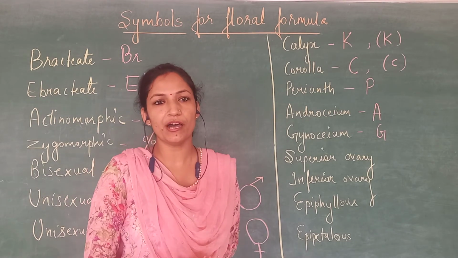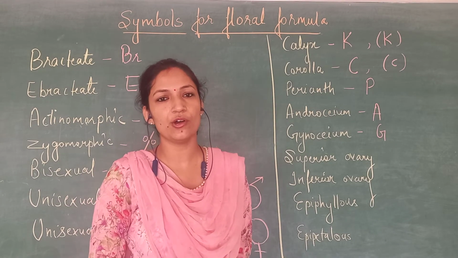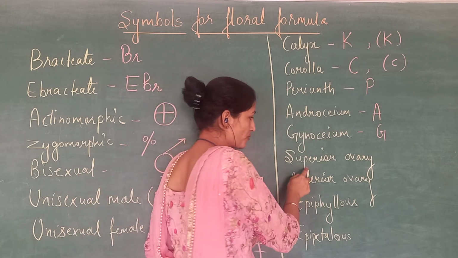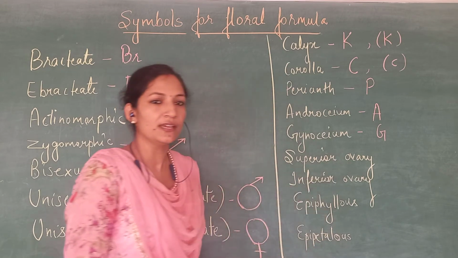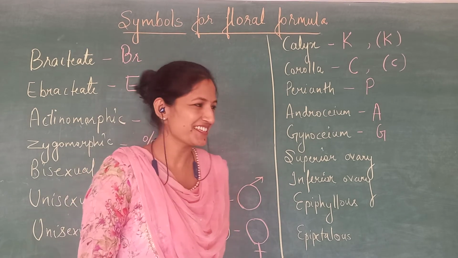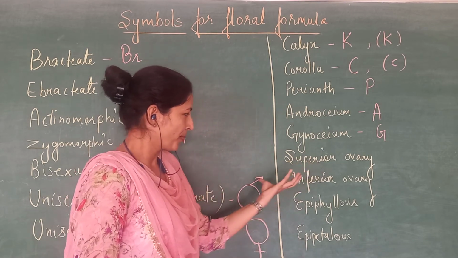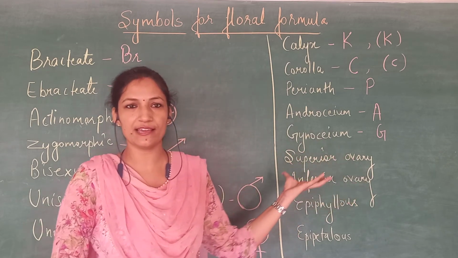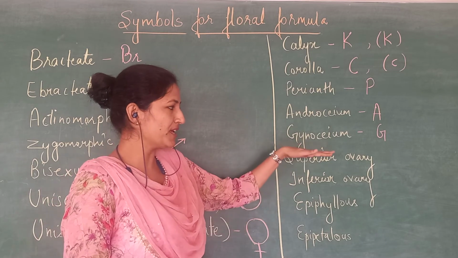Superior ovary, inferior ovary. We have read about the different types of flower on the basis of the position of the ovary. So accordingly, the superior ovary, when would it be? When the flower is hypogynous. It means the parts other than the gynoecium are arising from the base of the ovary.